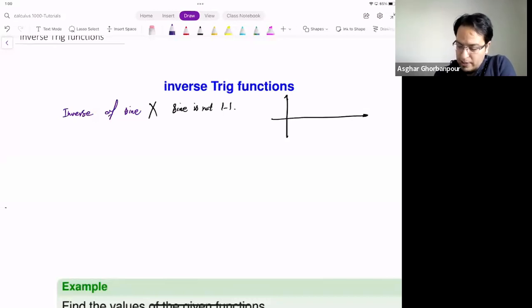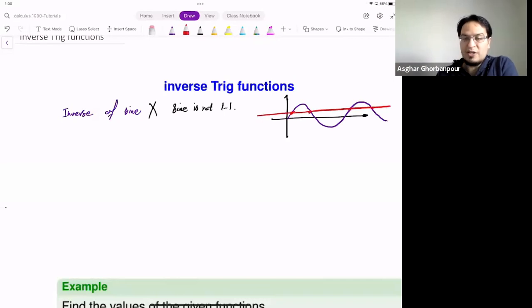Sine is a periodic function, so it just repeats itself infinitely many times on the real line. Any horizontal line between -1 and 1 will intercept the graph of this function infinitely many times. So that is why this guy is not 1-to-1. Well, then we give up? We cannot do this because it's not 1-to-1.